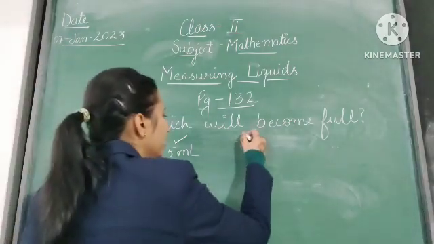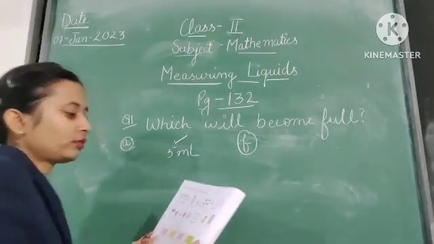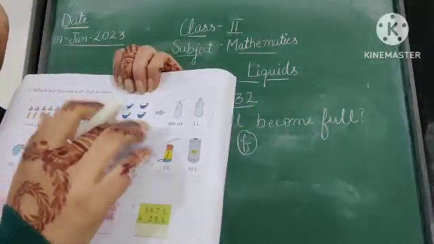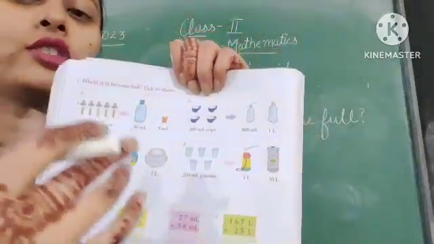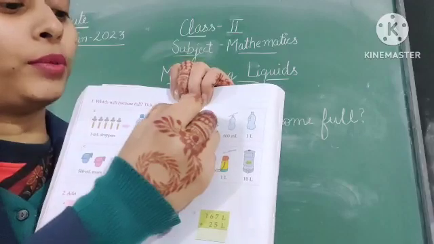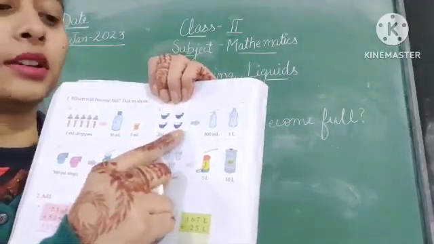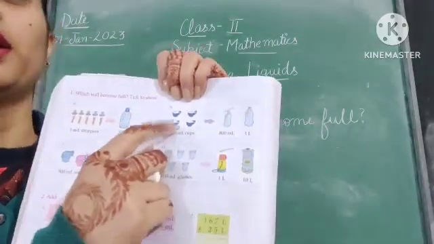For part B, we have been given 4 cups of 200 milliliters each. They will add up to 200 plus 200 is 400. 400 plus another 200 will be 600, and then 600 plus 200 will be 800.